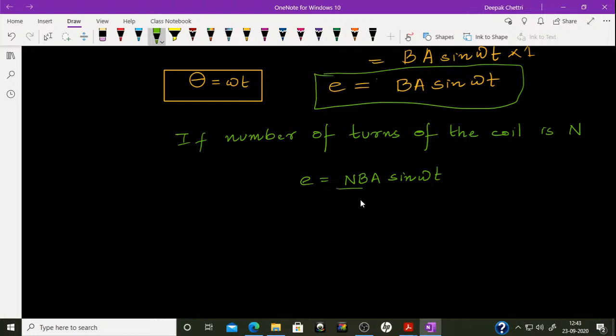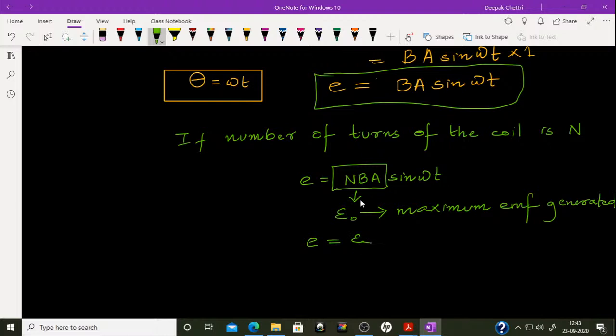Now this NBA is a constant, N is constant, B is constant, A is constant, and this constant is E naught, the maximum EMF that will be produced. So you can write E is equal to E naught sine omega t.